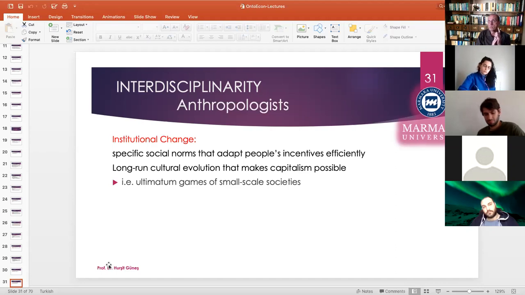He prepares the proposition with an assessment of the respondent's response. So it's not a totally irrespective game. He has to assess the respondent's reaction, because if the respondent rejects, then he gets nothing. So he has to assess.